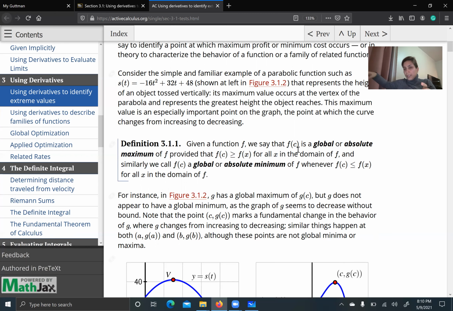Now, among all of these output values, the one that is greater than or equal to all other output values, f of c, is called the absolute maximum, if it exists. And what is absolute minimum? Absolute minimum is the one value among the outputs of this function that is smaller than any other output.